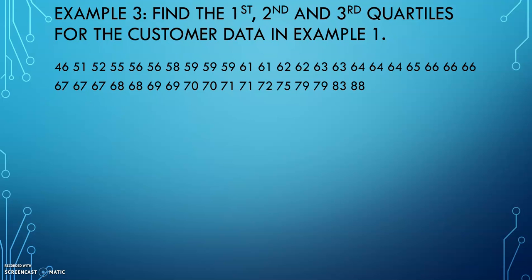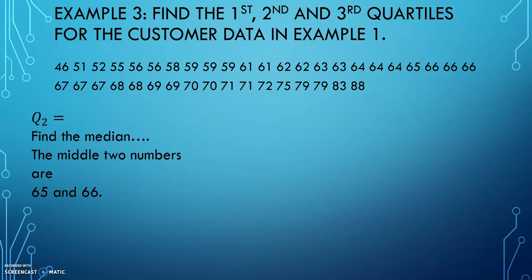Example 3, find the first, second, and third quartiles for the customer data in example 1. 40 data points. We'll start with the second quartile. The second quartile is the median. The middle two numbers are 65 and 66. The second quartile, or the median, is 65.5.